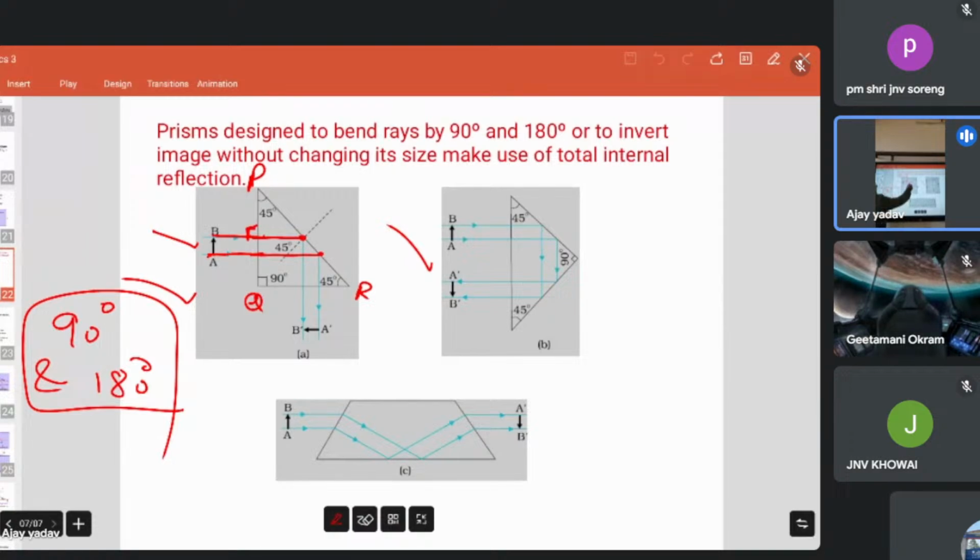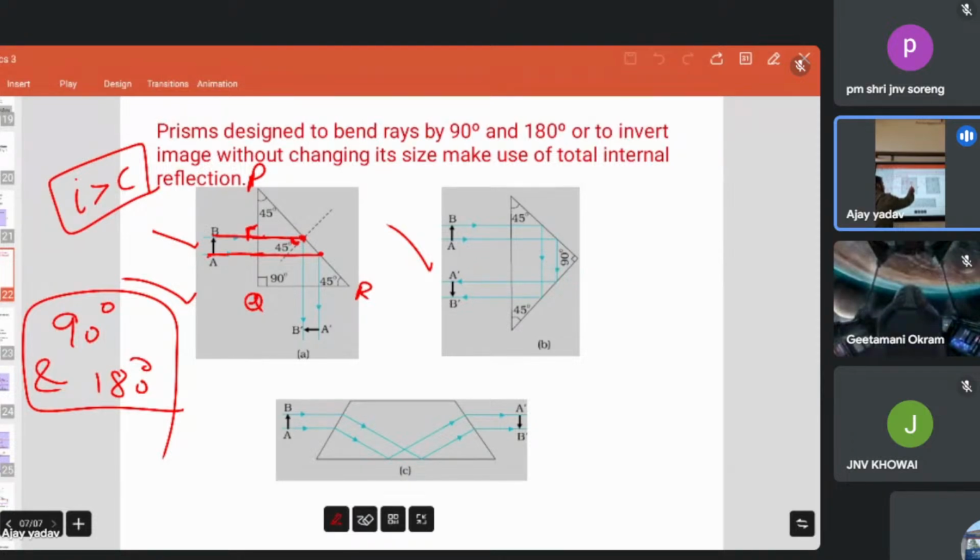Why? Because the angle of incidence is greater than the critical angle. How can we calculate the critical angle? By the formula sin C equals 1 by mu, and the refractive index of glass is 1.5. So here TIR will occur.